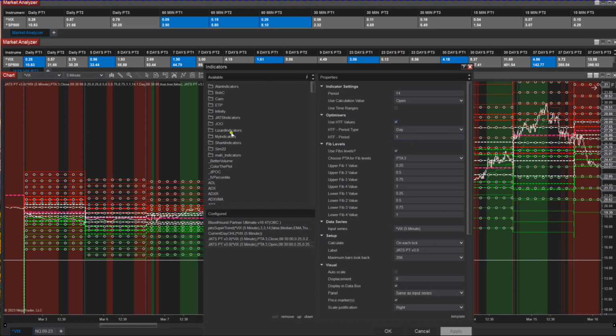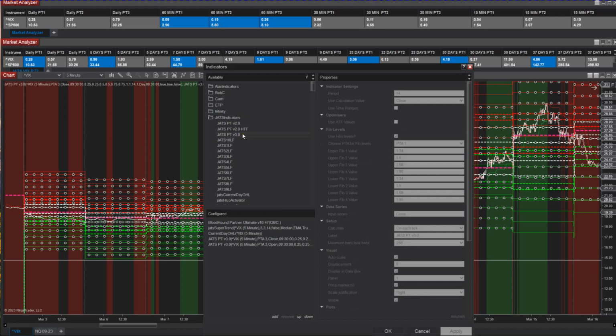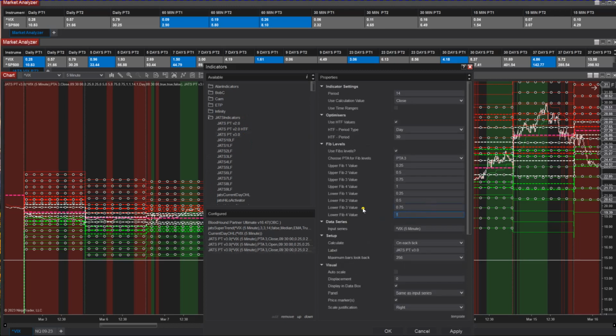And so I'm going to add another instance of the indicator and change it to the 2, the 1.5 and 2. Let's see, do 1.25, 1.5. Well, here, let's start this. 1.25, 1.5, 1.75, and 2. And then let me add one for the open.